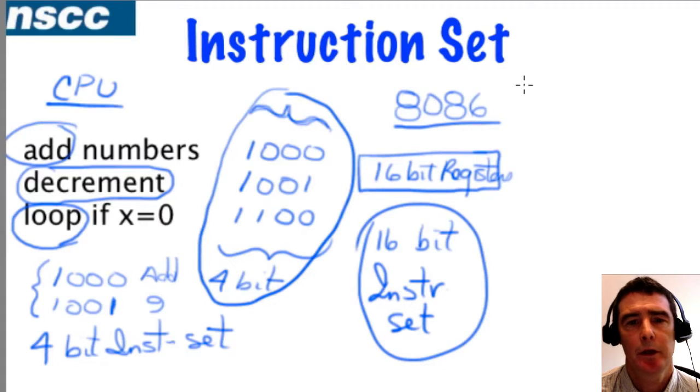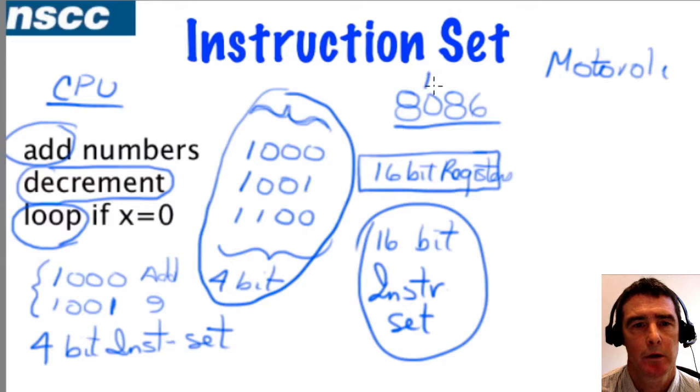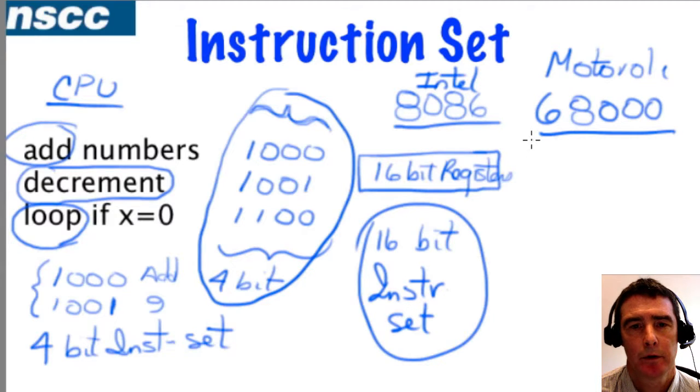Now there were other 16-bit CPUs at this time, Motorola, and this was an Intel processor here. Motorola had a 68000, and it also had 16-bit instructions.